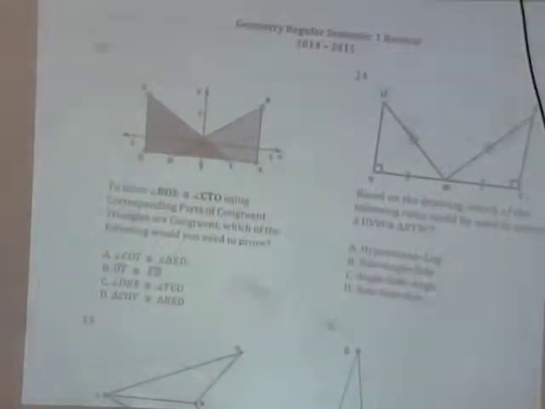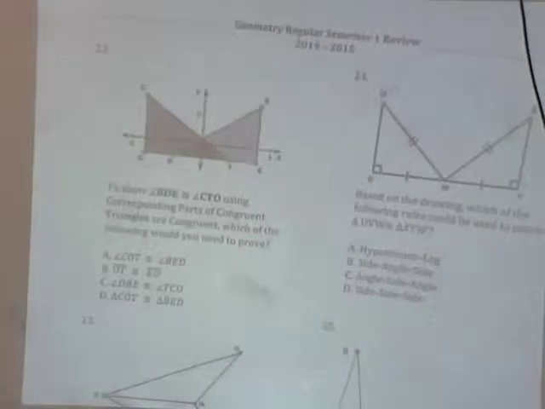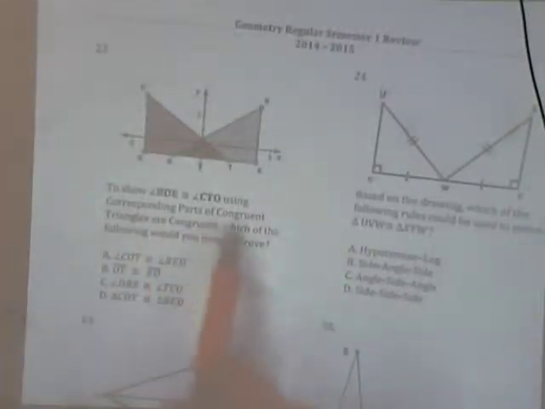We want to show angle BDE congruent to CTO, this angle, using corresponding parts of triangles. Which of the following would you need to prove? Well, we know that this would be congruent to this just by the points, right?